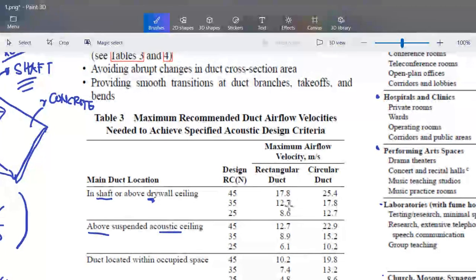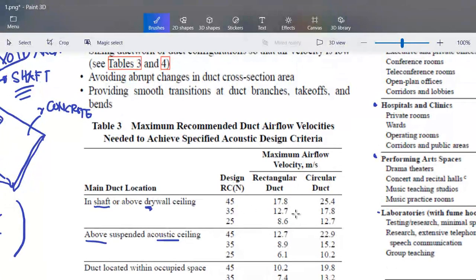Again, if you choose this, you have to balance what can be fabricated in duct, and also check the velocity. If I choose 35, the velocity shall not exceed 12.7.